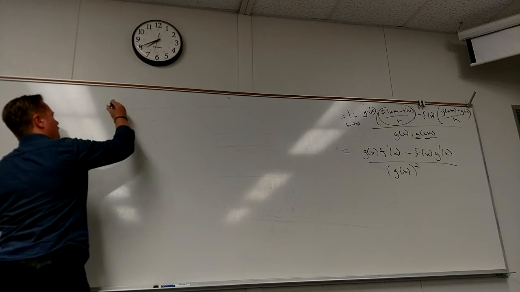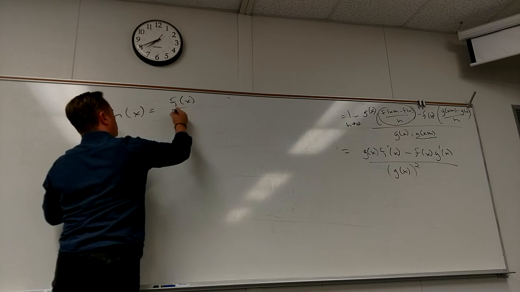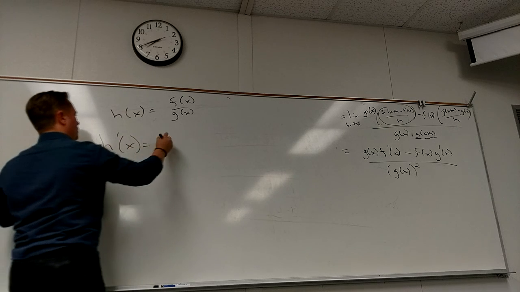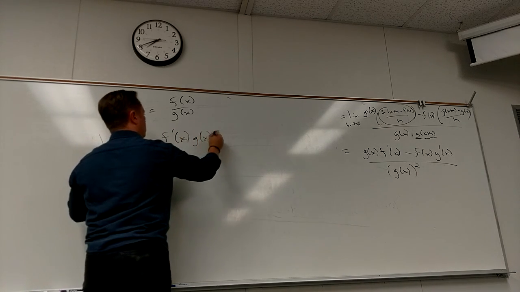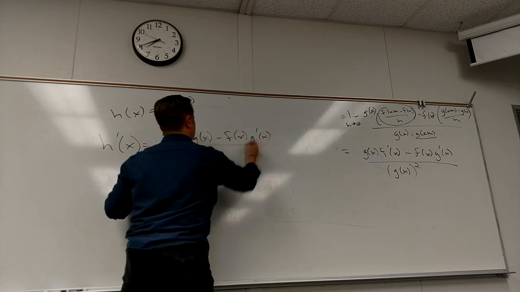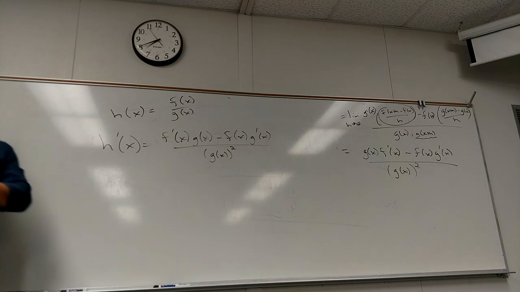So if I have something that is a ratio of two other functions, then its derivative, I'm going to reorder that a bit. There's a whole song involved with this.